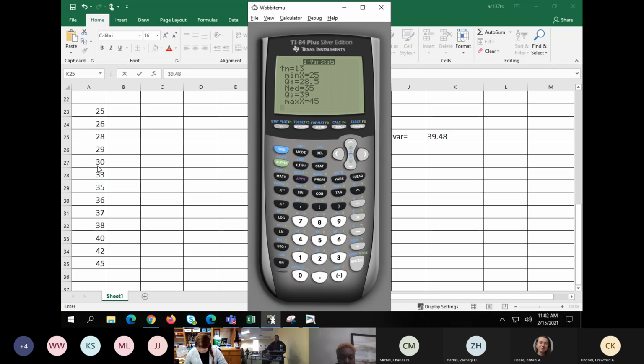Let's see, what's the mode? I don't see a mode. Let's see this one. Hold on. Stat, edit. I'm looking for a mode. I don't see one. Can somebody tell me if there's anything that is showing up the most? I don't see one. Okay, so you would put none. You would put non-applicable. It does not exist.